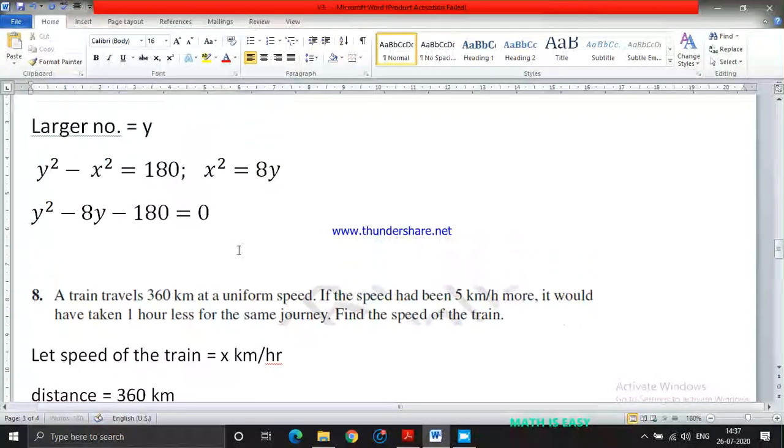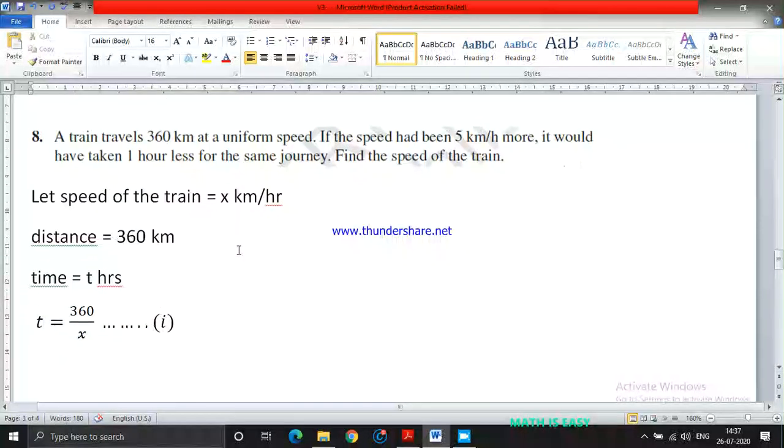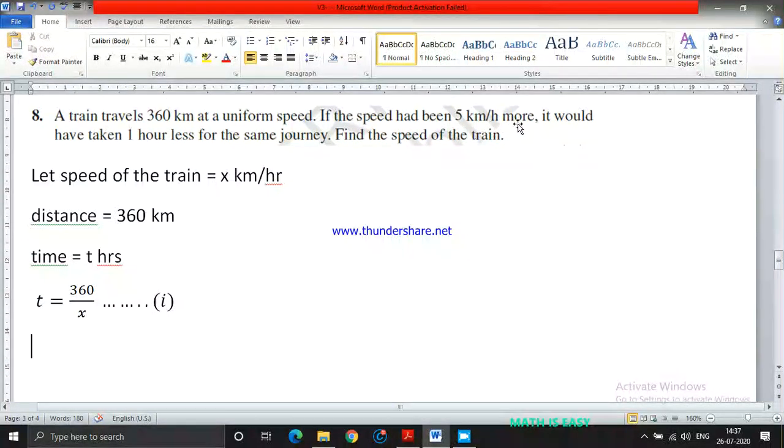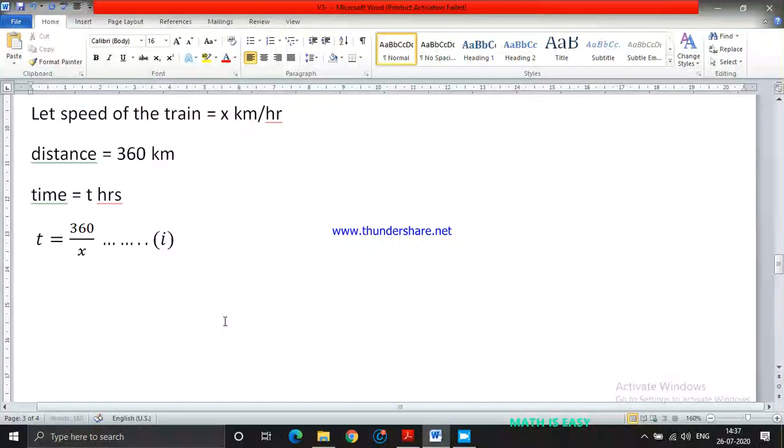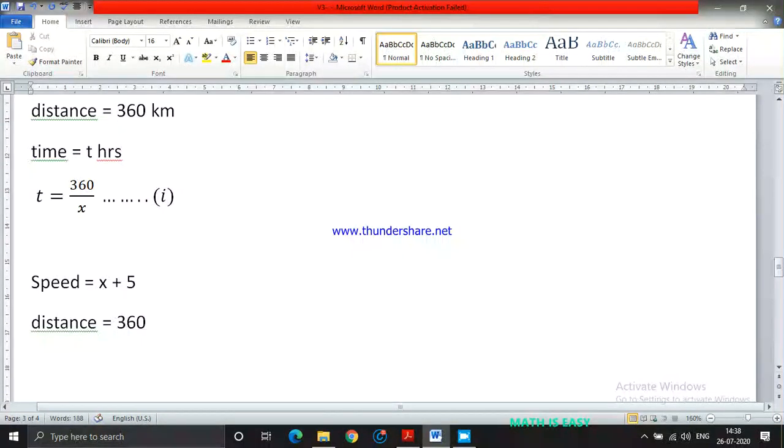Now what is given? If the speed had been 5 kilometers per hour more, it would have taken 1 hour less to cover the same distance. What will the new speed be? Original is x, 5 more means x plus 5. Is there any change in distance? No, it still has to travel 360 kilometers. And the time is the original time minus 1 hour, since it would have taken 1 hour less.